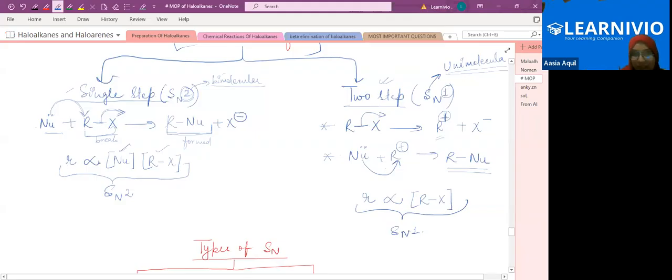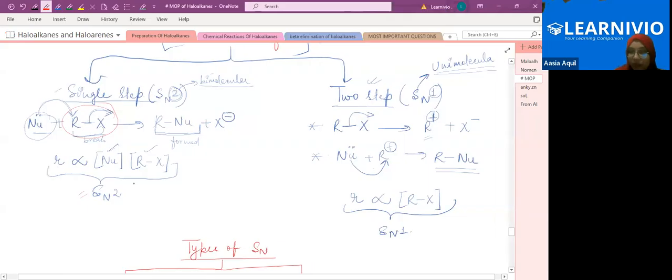The rate of reaction is directly proportional to the nucleophile as well as the substrate. So in the SN2 reaction, the rate depends on the substrate as well as the nucleophile. Just remember that.